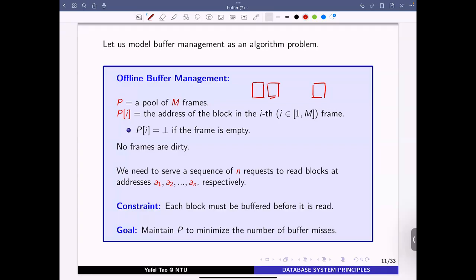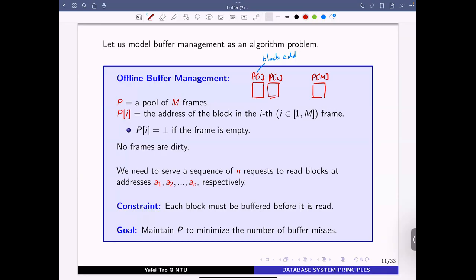So for this reason, we're going to use P1, the block ID, the block address of the first frame. And P2 is the block address of the second frame, and so on, all the way to PM.